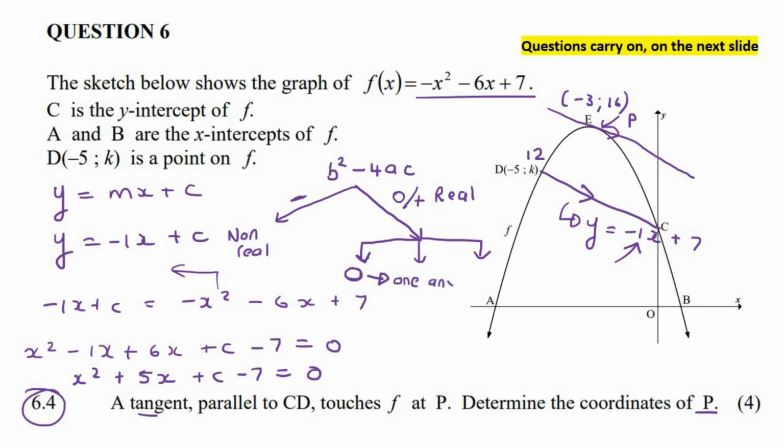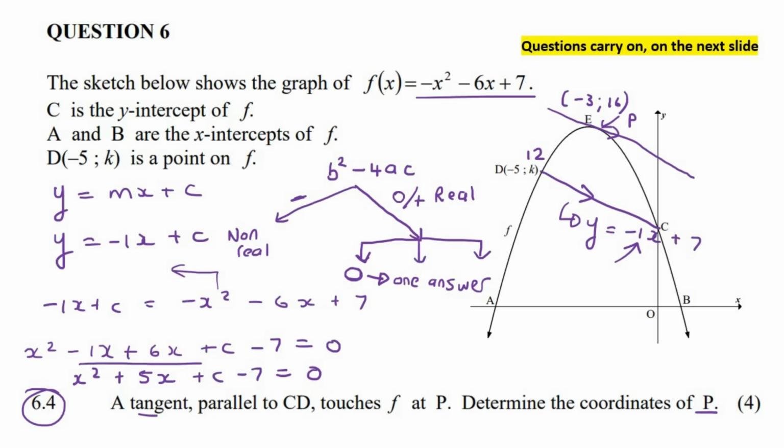Now remember, we're trying to see where the tangent touches the parabola. How many answers do we want? Well, if you look carefully, how many times does a tangent go into a parabola? If it's a tangent, it only goes once. If it was a normal straight line, then it would go twice. But specifically, if it's a tangent, it only goes once. So that means that we would like our b squared minus 4ac to be equal to 0.